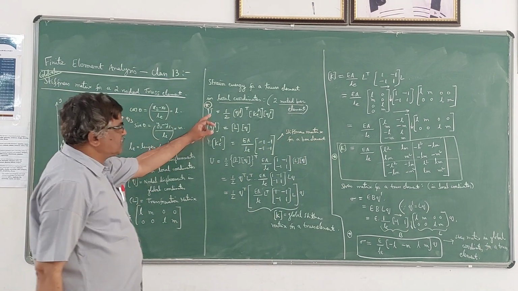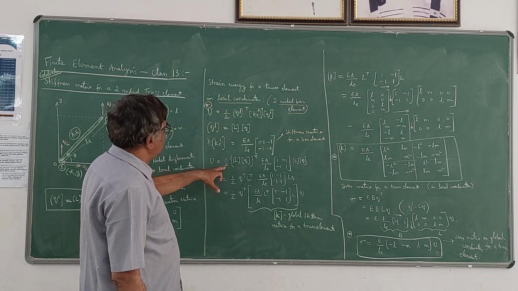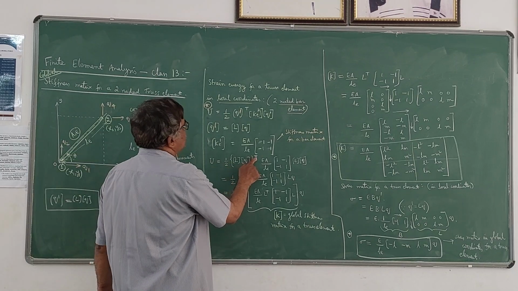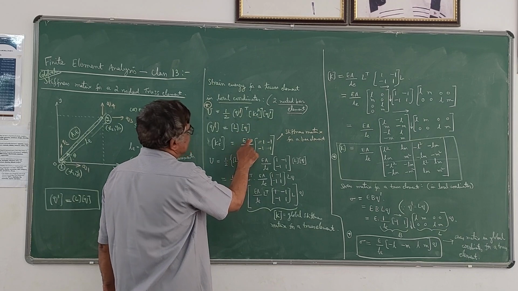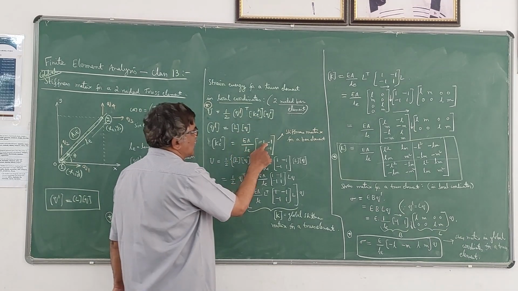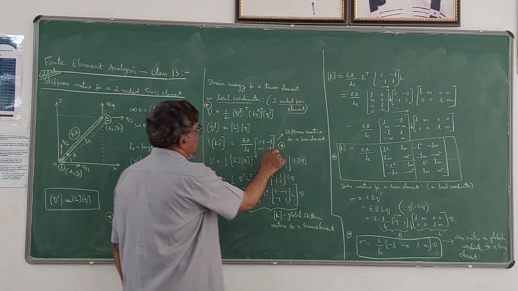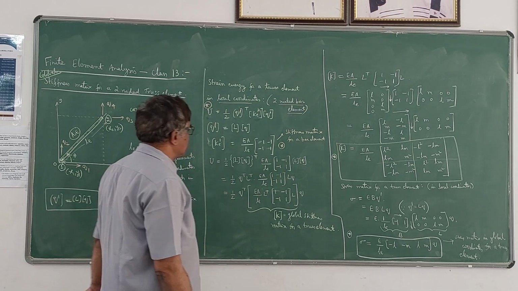Now, if you substitute this, U is equal to half into L q transpose, into K dash, which is EA by Le into [1 -1; -1 1], which you have derived already. So, you have to remember this, into q dash, which is once again L into q.